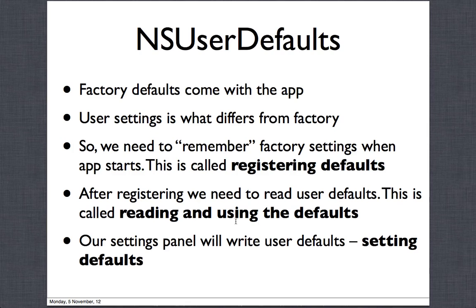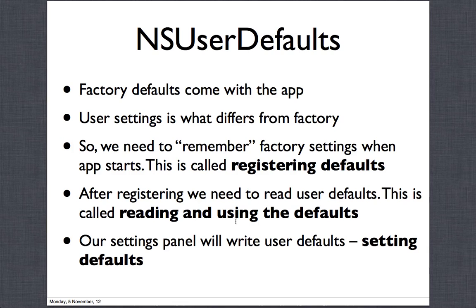And let's move on to NSUserDefaults. There are some factory defaults that come with the app, as I said, and user settings are the difference from those factory settings. So before we use any user settings, we need to remember the factory settings. We need to get the settings that come with the application.